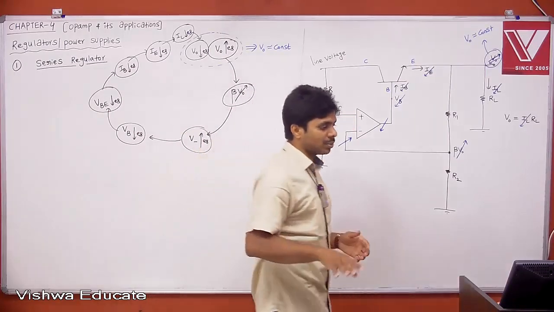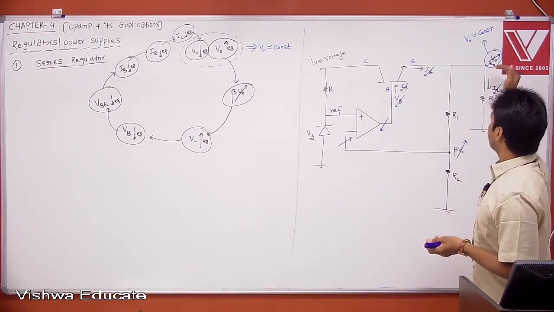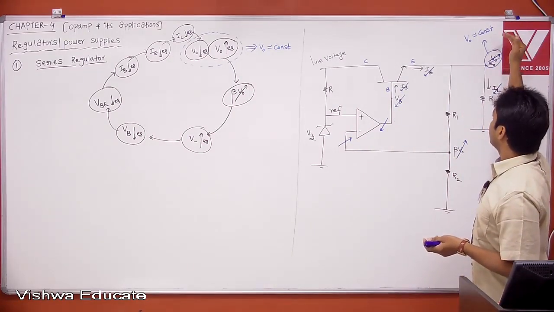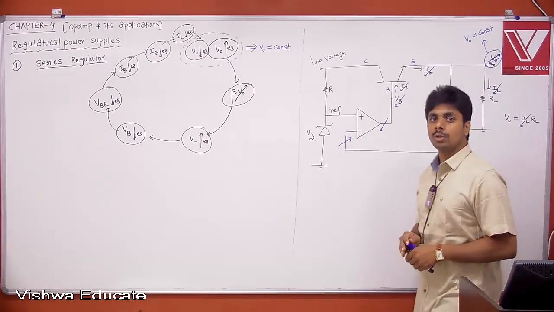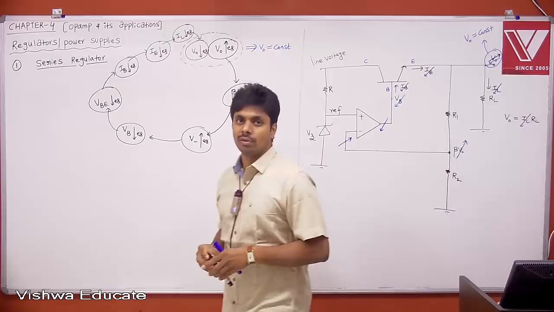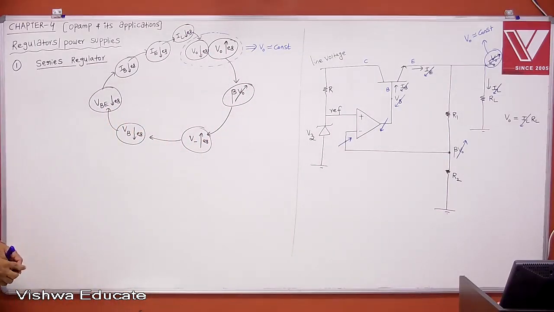Those things I will not speak about, it's not required. It is like DC voltage variation. Due to any reason, if V0 is changing, increasing or decreasing, that loop will come into the picture and make it constant, assuming the V0 change is a low frequency or DC variation due to load variation or line voltage variation.